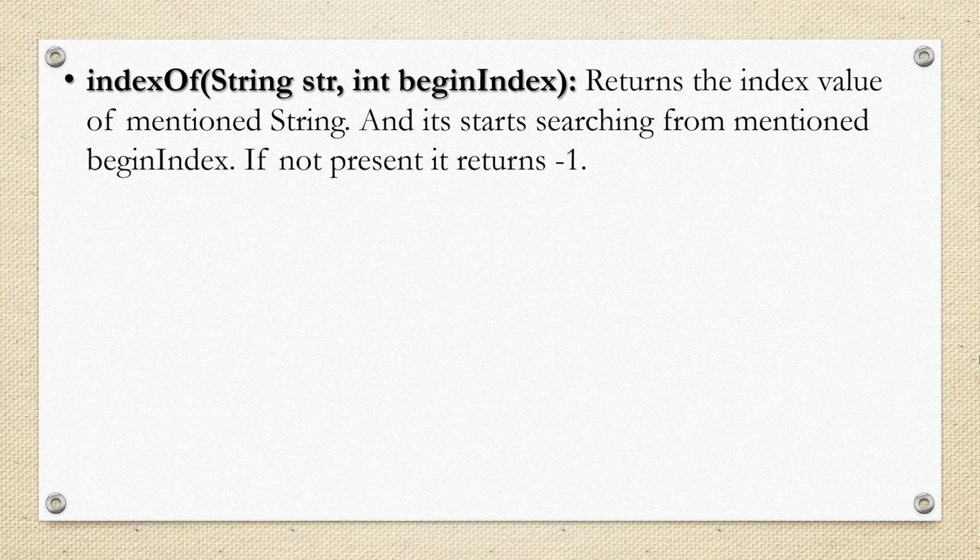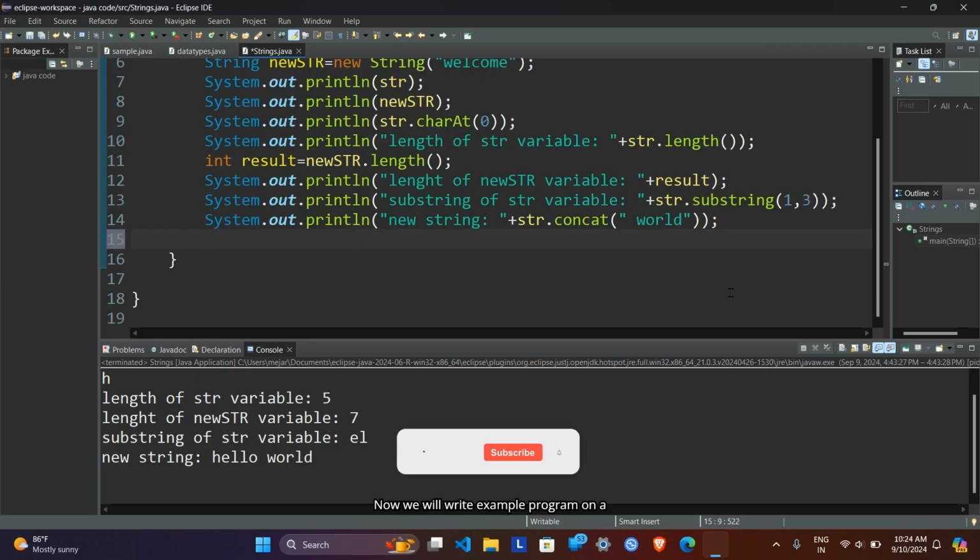IndexOf, it will take string and beginning index as parameters, and returns the index value of mentioned string, and it starts searching from mentioned beginning index. If not present, it returns -1. Now we will write example program on a string method called indexOf method. IndexOf method returns the index value of mentioned string. Now I'll create new string variable to perform indexOf method.